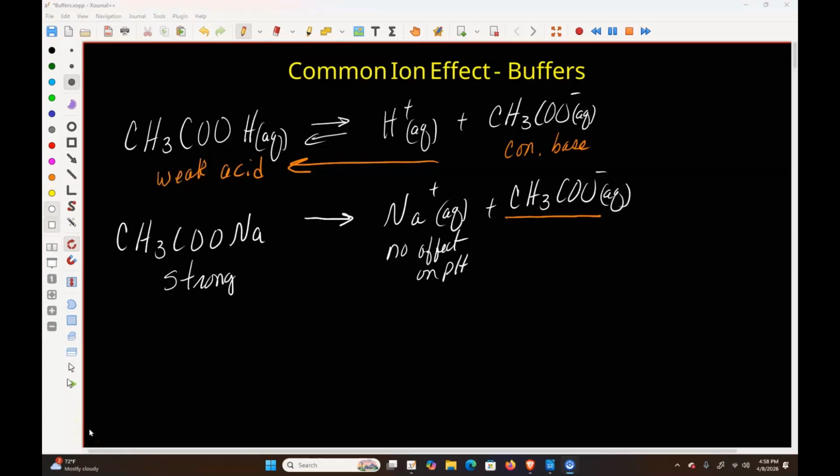The rule is that when a weak electrolyte and a strong electrolyte contain a common ion, the weak electrolyte ionizes less than it would if it were alone in solution. This is called the common ion effect. These types of solutions are also called buffers or buffered solutions.